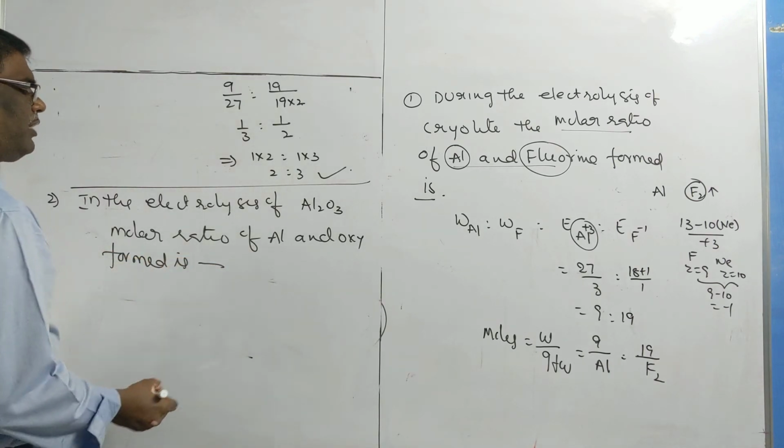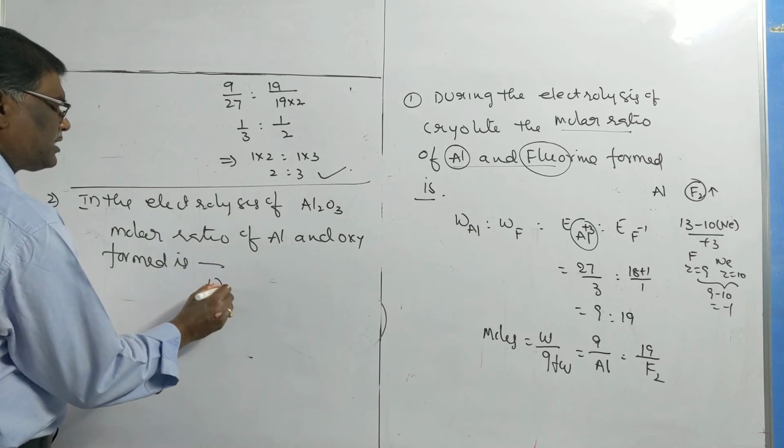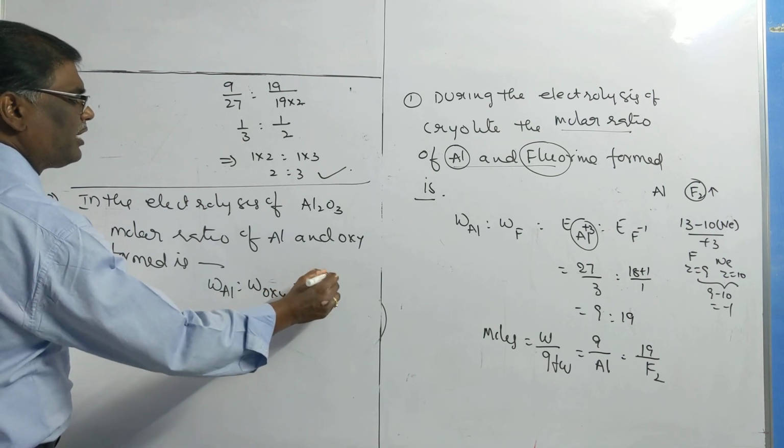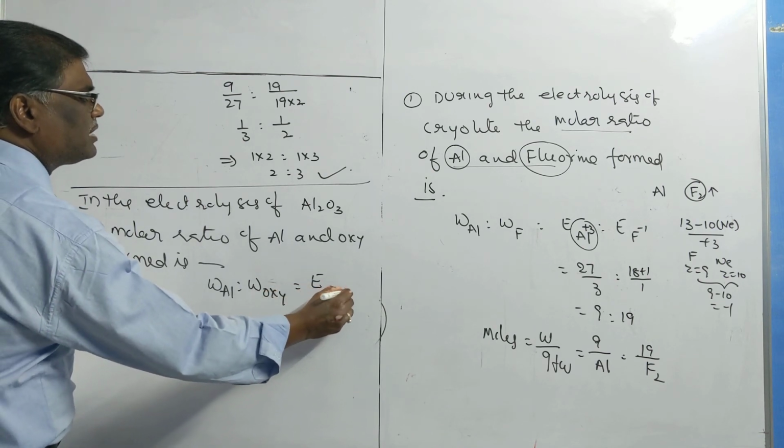In a similar way, the ratio of the weight of aluminum and the weight of oxygen formed is equal to the ratio of their equivalent weights.